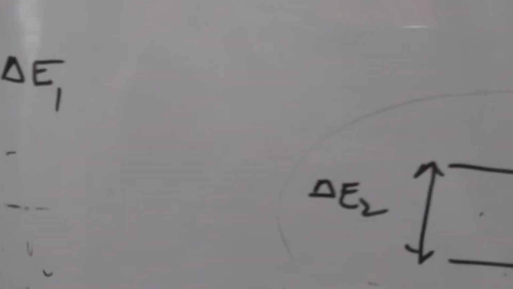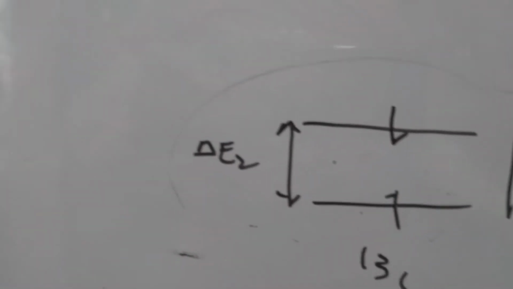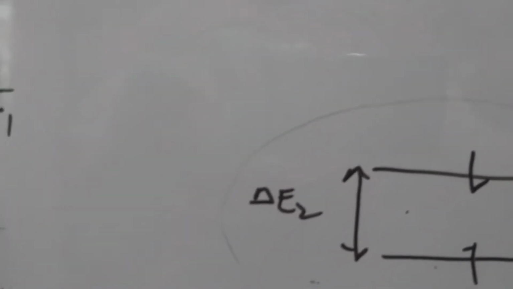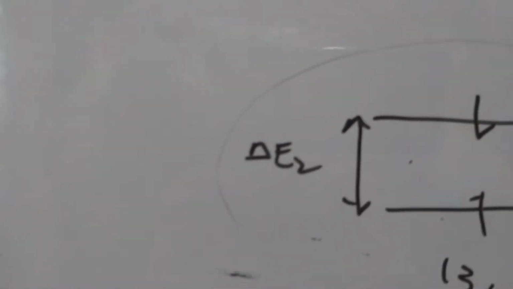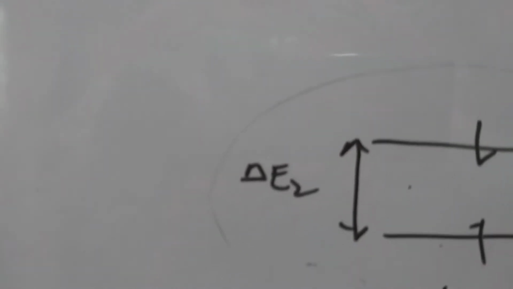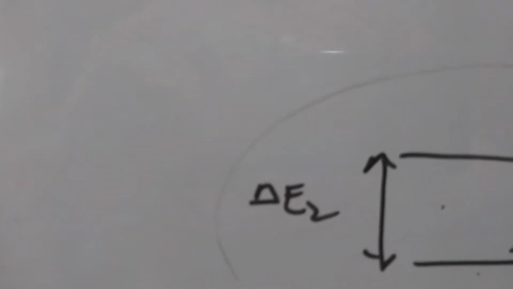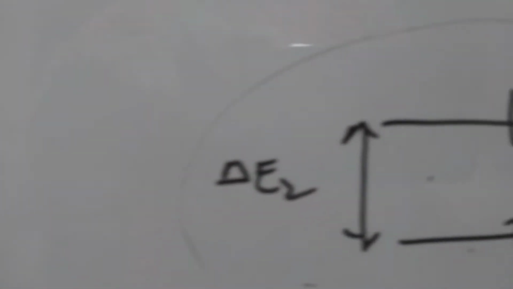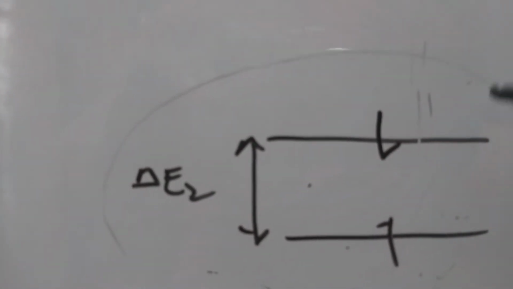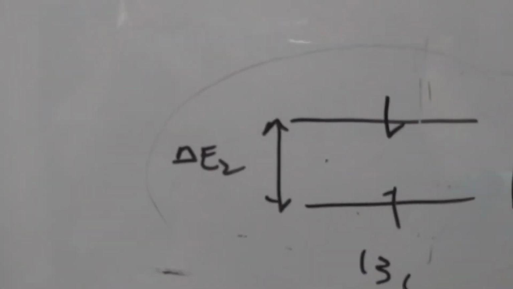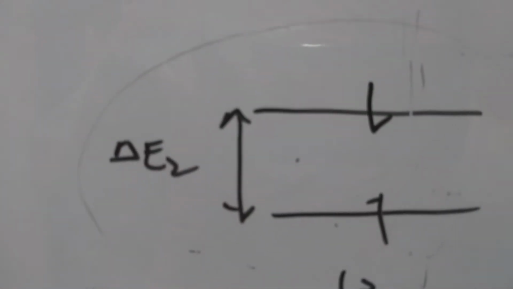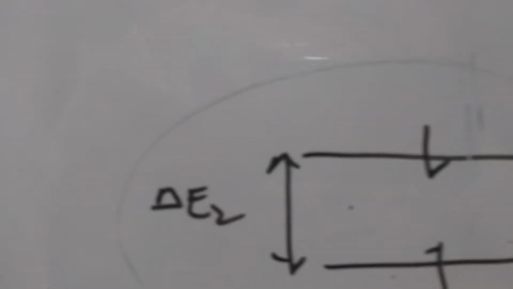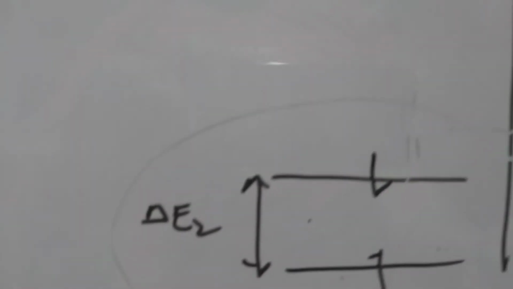But in the case of carbon-13, there is less energy spacing, that is ΔE is less, and this will result in the population difference between these two states being less than that for the hydrogen nuclei. When both of these states have almost the same population, the chances of transition will be less.